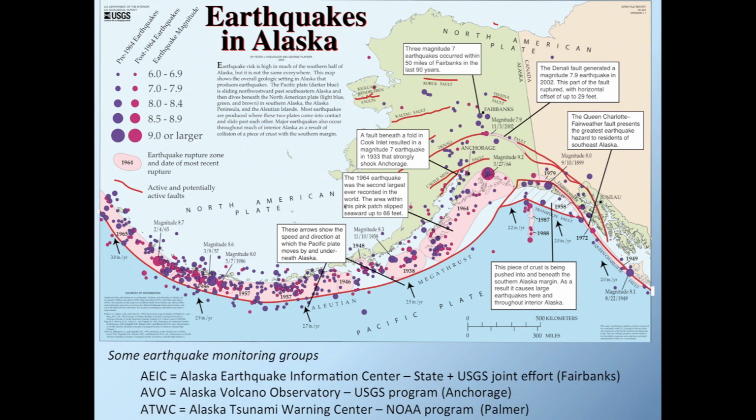And the Alaska Tsunami Warning Center in Palmer contributes its part to the global tsunami warning process. These, of course, all interoperate and interconnect. They provide resources like this map here. This is an AEIC USGS product that provides outreach-level information about where the major faults and earthquakes are, and something about the tectonics of the region as well.